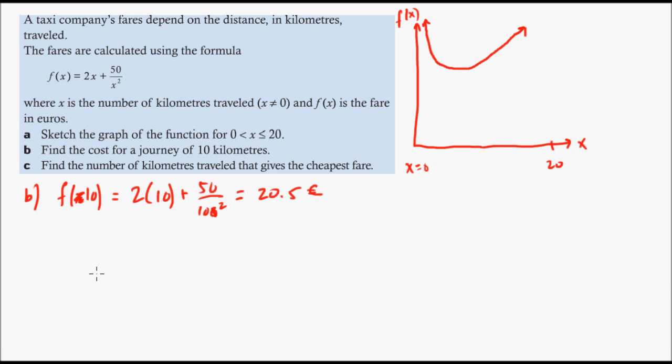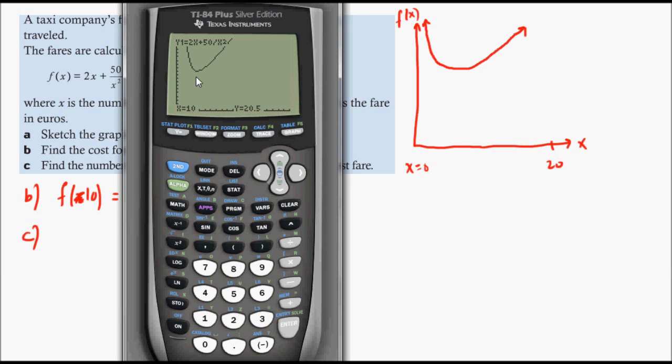Okay, find the number of kilometers traveled to give the cheapest fare. For the cheapest fare, that's going to be the minimum here. So you look at your graph, and the minimum is going to be right there. So I'm just going to go to second, calculate. You're starting to see a pattern here, like all these problems are pretty similar.